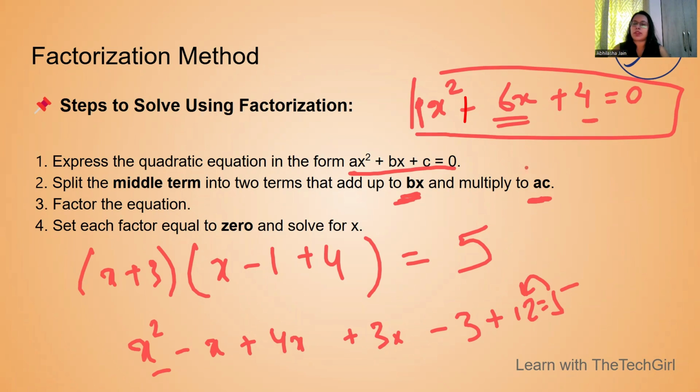So whatever numbers you split it into, when you multiply them it should be 4, and when you add them it should be 6. In this example, that's not possible. We will see how to solve this example later. But for now, you factor the equation, then set each factor to 0 and solve for x. That's how you get the value of x. In a quadratic equation, you're going to get two values of x.